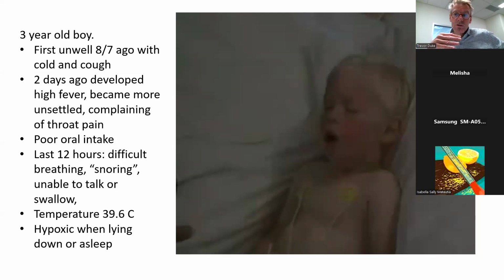And if you think about the structures that are above the vocal cords, there's the epiglottis, and so he could have epiglottic swelling or something similar to that, like a retropharyngeal swelling that's obstructing the supraglottic part of his airway.